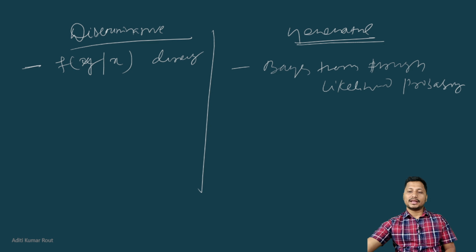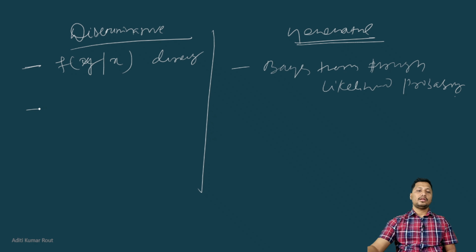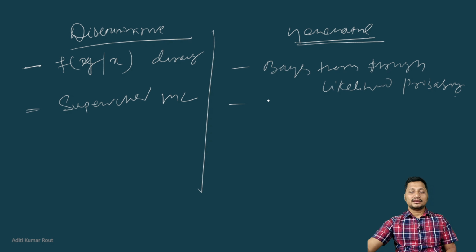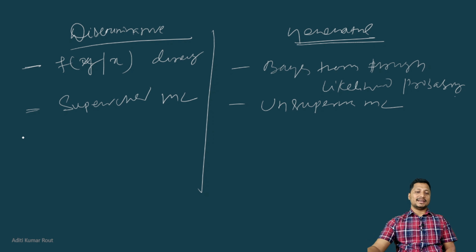The discriminative one is applicable for supervised problems, supervised ML. The generative one is mostly suitable for unsupervised machine learning models.